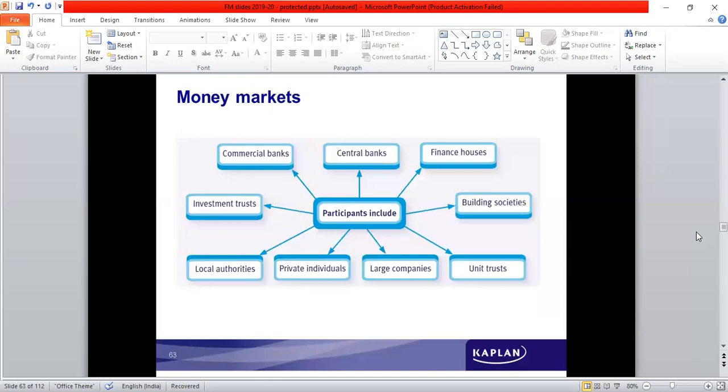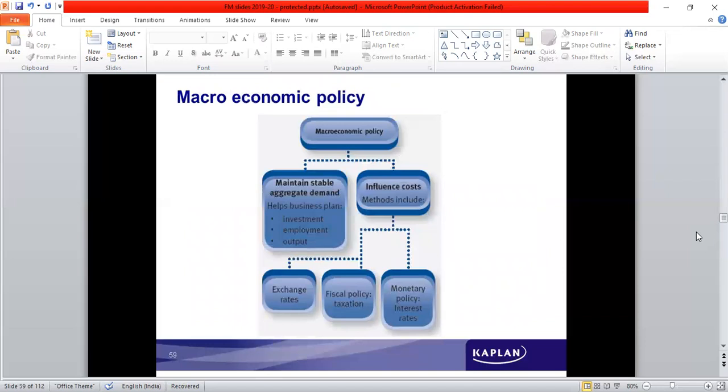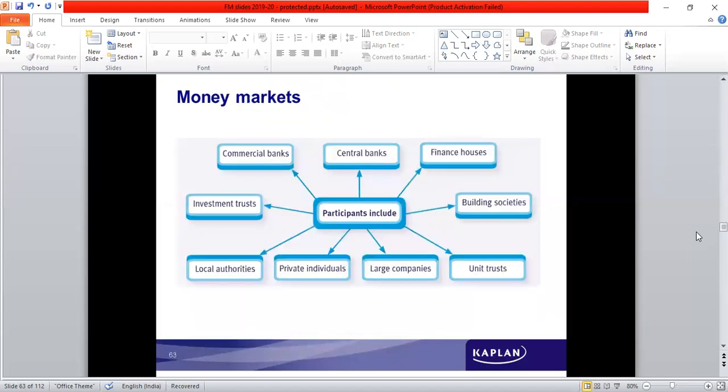But before that, we need to understand macroeconomic policy, monetary policy, fiscal policy, the markets, and the types of markets. If we understand these, then we can discuss how to manage foreign currency risk and interest rate risk. In the remaining 4 days, we will wind up the syllabus, and as and where simple questions are there, we can also work them out.